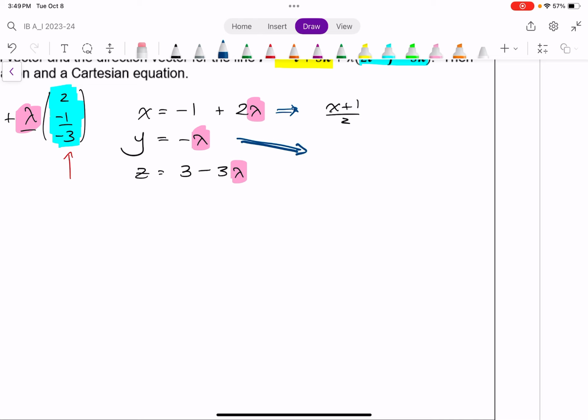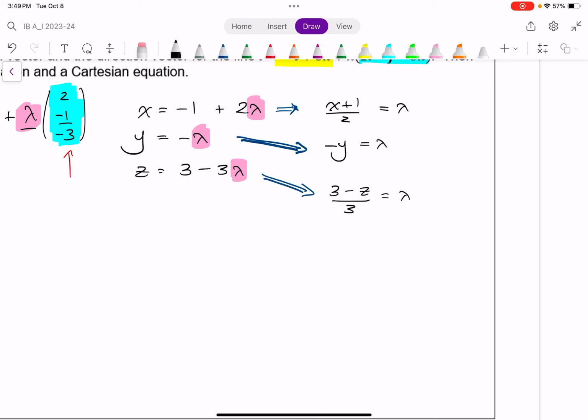Over here, I get just -y equals lambda. And likewise over here, if I isolate lambda, I get (3 minus z) over 3, or some form like that.